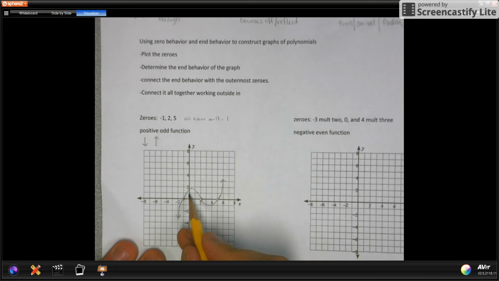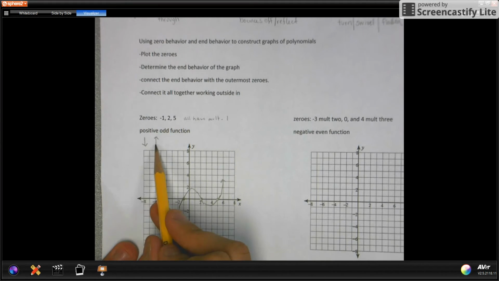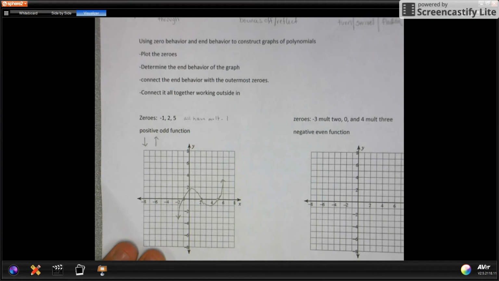You don't need to worry about how high or how low it gets, but this would be the general shape. It would be increasing as I approach the x-axis. It has a multiplicity of 1, so it would go through. Then it would need to come down at some point to go through this zero, and it has a multiplicity of 1, so it goes through. And then again, it would go through this zero and up on, as it needs to increase as x approaches positive infinity.